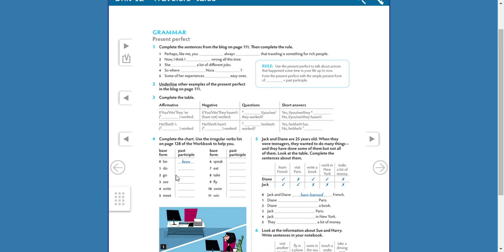Listen, for the present perfect, you need verbs. Okay, you need verbs. And those verbs need to be in the past participle. When I say base form, it is the present. And the past participle is the last. For example, if you check your book, you have the base form, the present, the past, and the past participle.